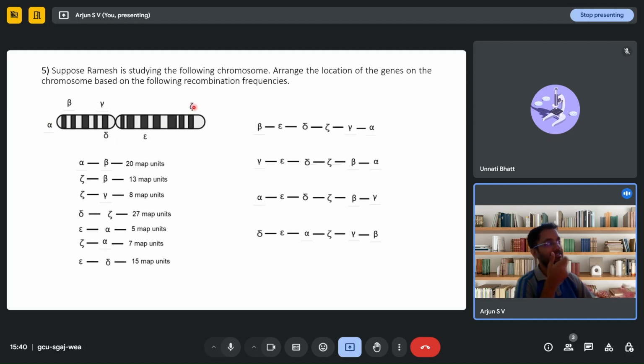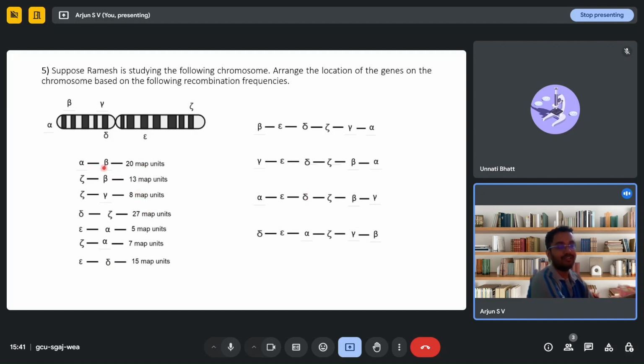They have given the recombination frequencies of each one of these genes, and each one of them should match with each other.